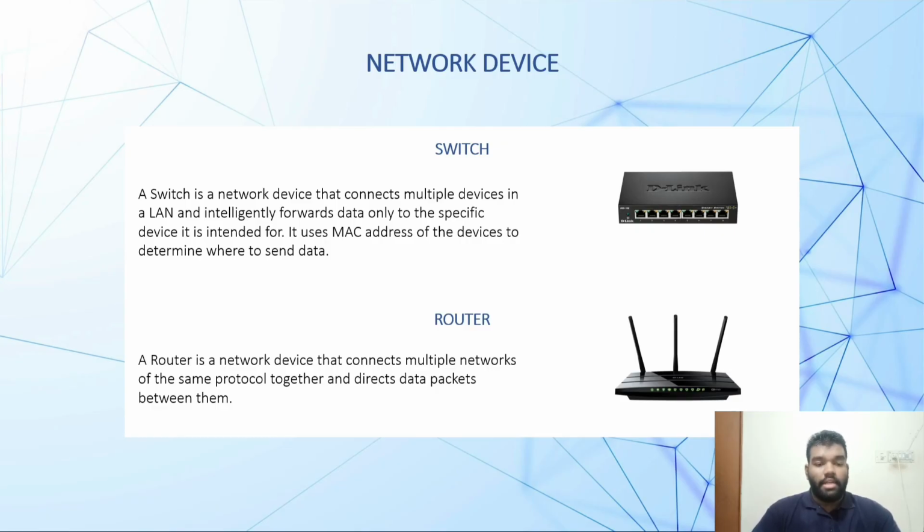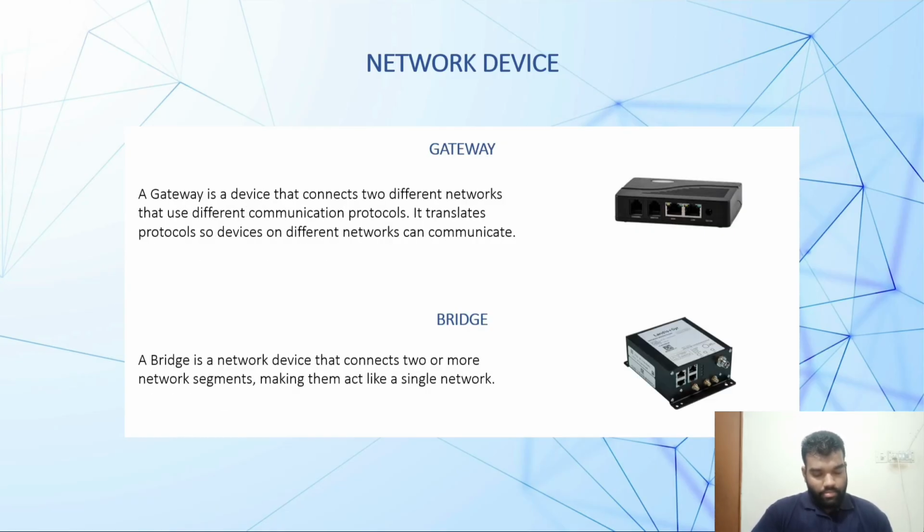Router connects multiple networks of the same protocol and transmits data. Gateway. Gateway connects two different networks with different protocols. It translates protocol to exchange data in different networks.